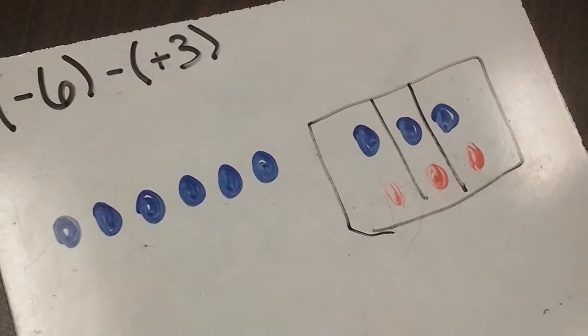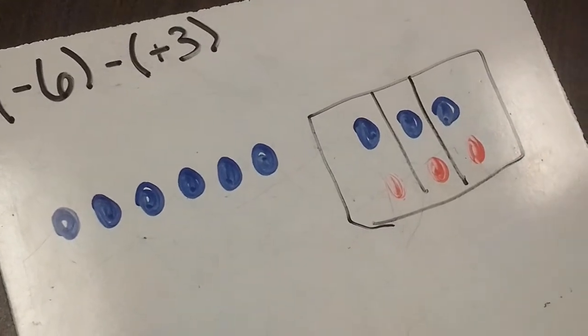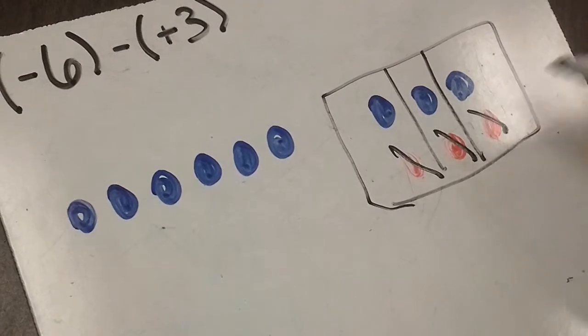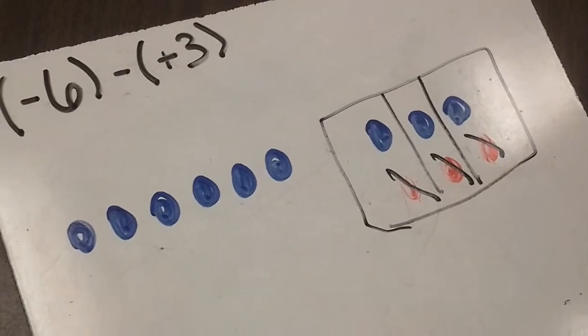Now that you have positive 3, you can cross them off. And you are left with negative 9.